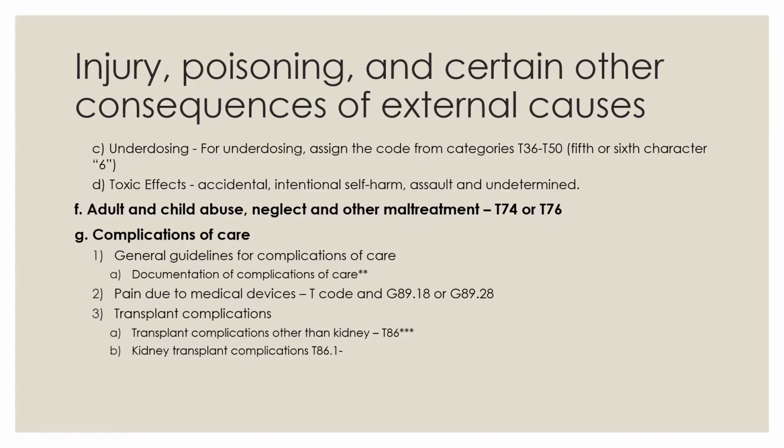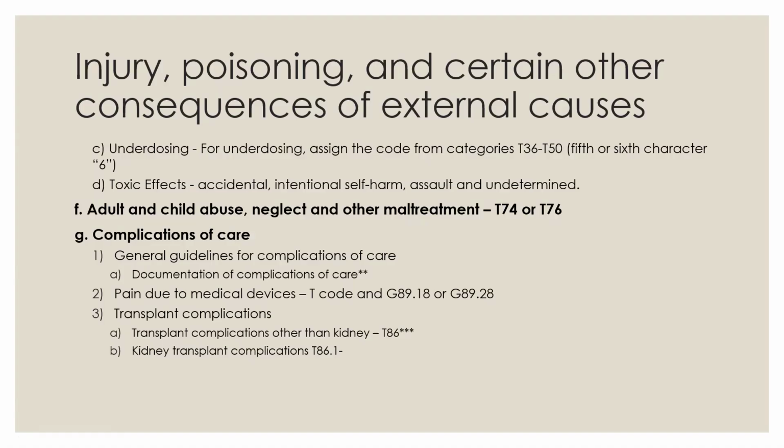If a suspected case of abuse, neglect, or mistreatment is ruled out during an encounter, code Z04.71, encounter for examination and observation following alleged physical adult abuse ruled out, or Z04.72, encounter for examination and observation following alleged child abuse ruled out, should be used, not a code from T76.